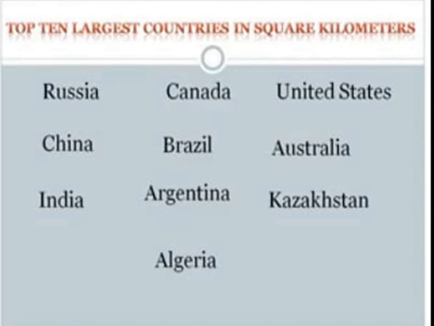Asia is the largest continent and Australia is the smallest continent. Okay, children, our country is the 7th largest country in the world. Okay. Yes, children. This is all about continents and oceans.